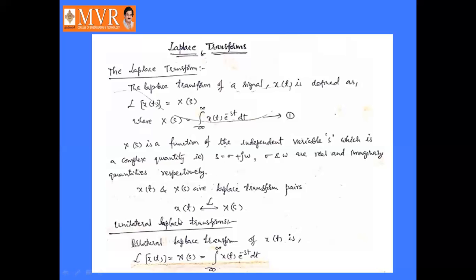Coming to the unilateral Laplace transform: what is unilateral and what is bilateral? We have two types of Laplace transforms, unilateral and bilateral. The bilateral Laplace transform of x(t) is defined as X(s) = integral from minus infinity to infinity of x(t) e^(-st) dt.